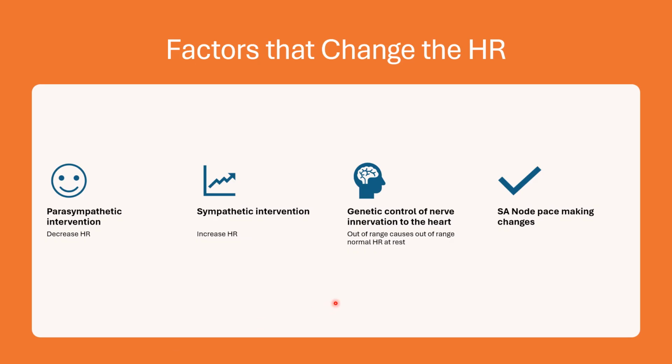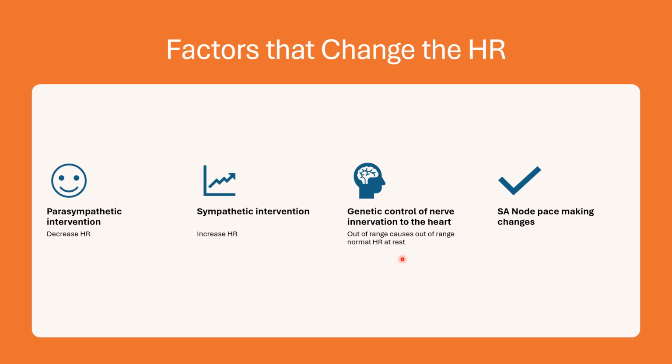Factors that change your heart rate. Parasympathetic intervention can decrease the heart rate. Sympathetic can increase it. There's a genetic control because of the nerve intervention to the heart. Genetics plays a part in how many nerves are attached to your heart to cause it to have a normal heart rate at rest.